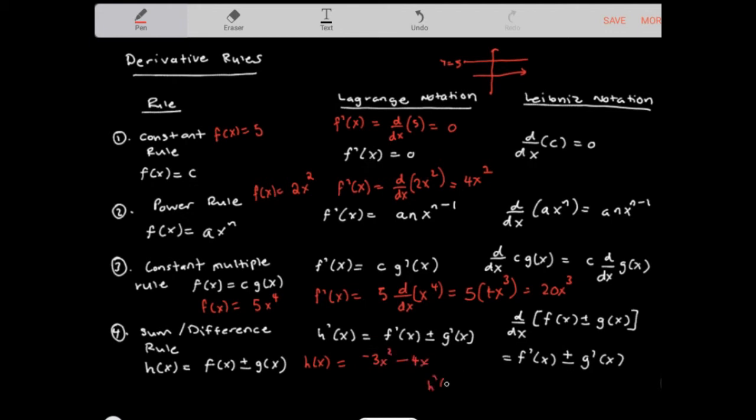Then h prime of x is equal to the individual derivatives of each. So the derivative of negative 3x squared minus the derivative of 4x. And then if you employ the power rule, you get negative 6x minus 4. Okay? Those are some of the derivative rules which we're going to be using to do questions in the future.